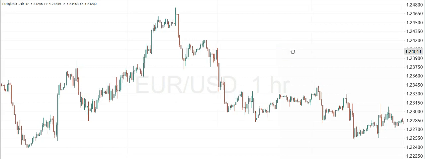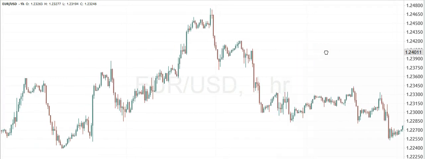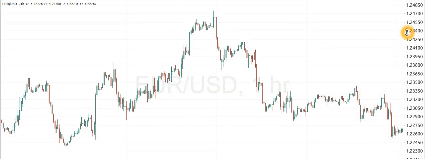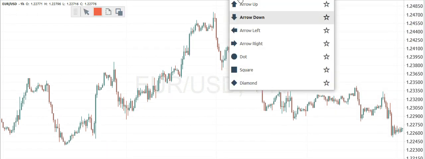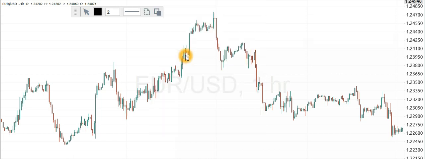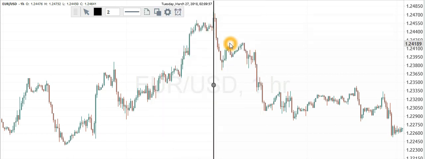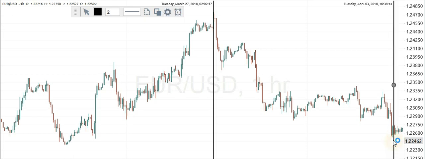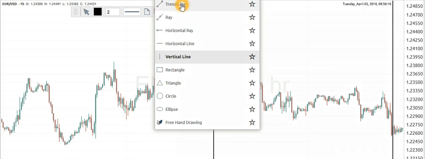I'm now going to draw a downtrend line, and let's say that the market is right here. When I'm drawing my downtrend line, I want to find the highest point, and this time I'm just going to use a vertical line. So this here would be my highest point, and right here would be my lowest point.